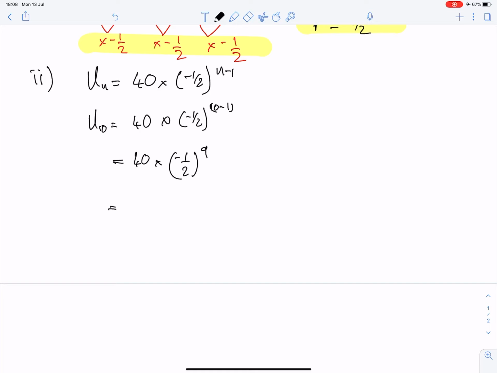Negative to an odd power. So if we just think of it, negative times a negative equals positive. Negative times a negative is positive, times a negative is negative. So odd powers will give us negative answers.